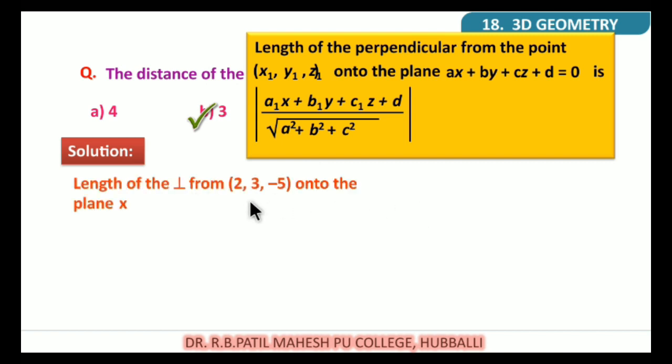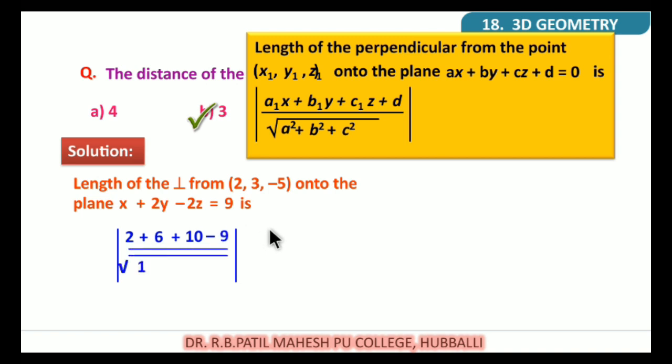So we have that the length of the perpendicular from the point onto the plane x + 2y - 2z = 9 is given by: the x value is 2, so a into x1 is 2, plus b into y1 is 6, and c into z1 is 10, minus 9, divided by the square root of 1 square plus 2 square, which is 4, plus 4.